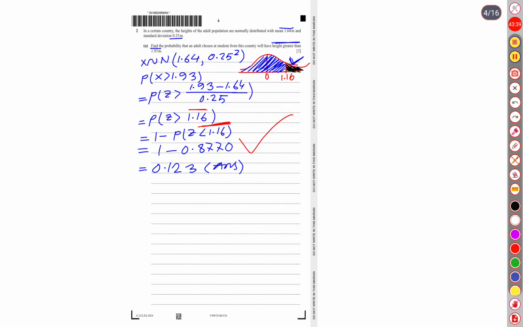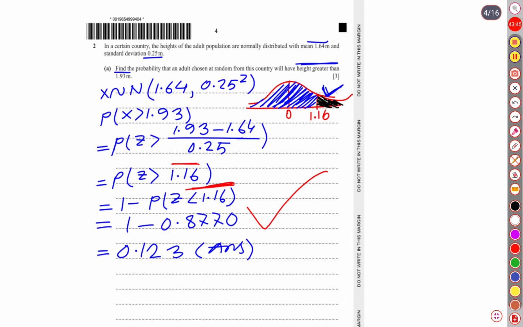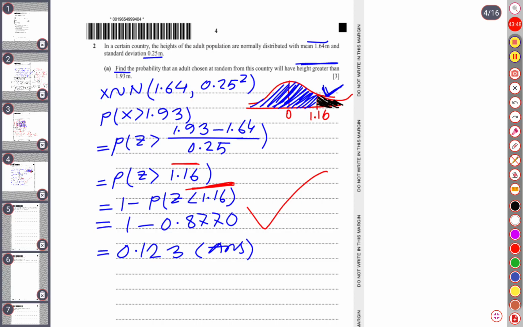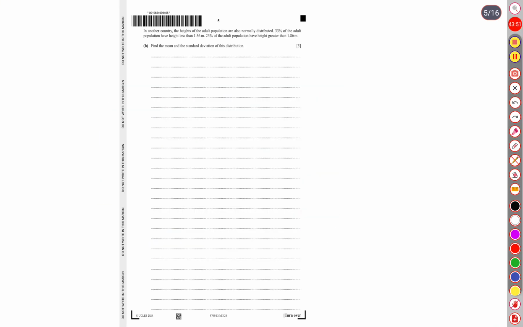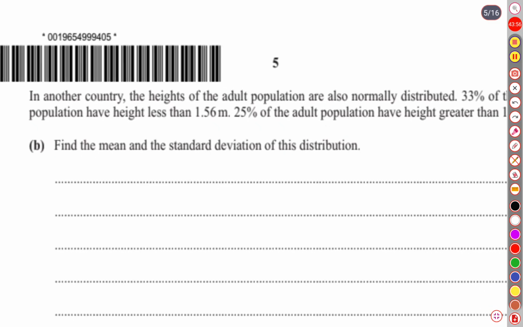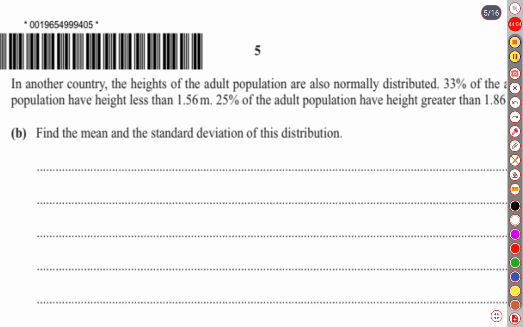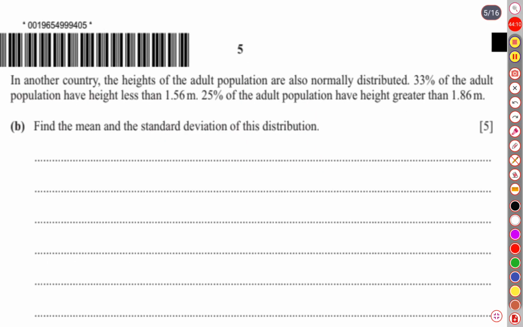Well, let's move on to the immediate next question. The next question was part A, so B is written on the next page. Here, the next question says that in another country, the heights of the adult population are also normally distributed, but definitely not the same normal distribution; it's a different distribution. 33% of the adult population have height less than 1.56 meters, and 25% of the adult population have height greater than 1.86.